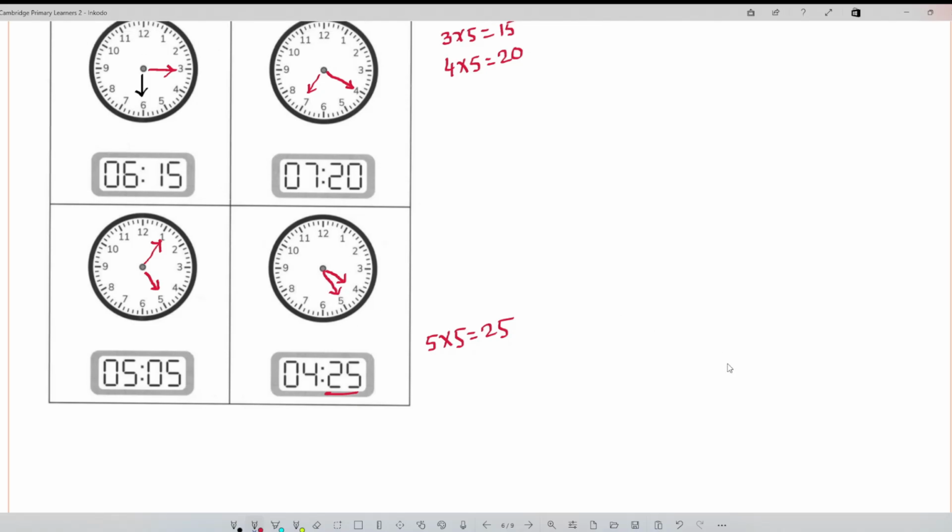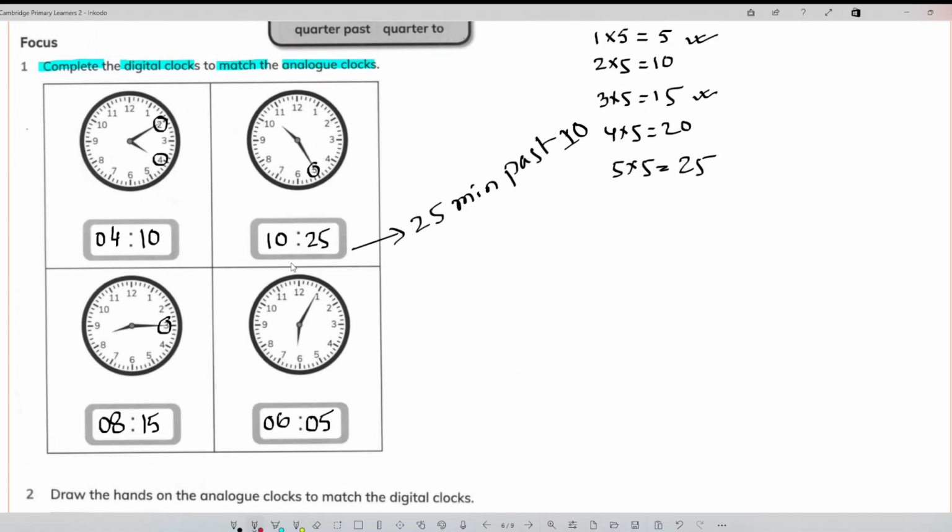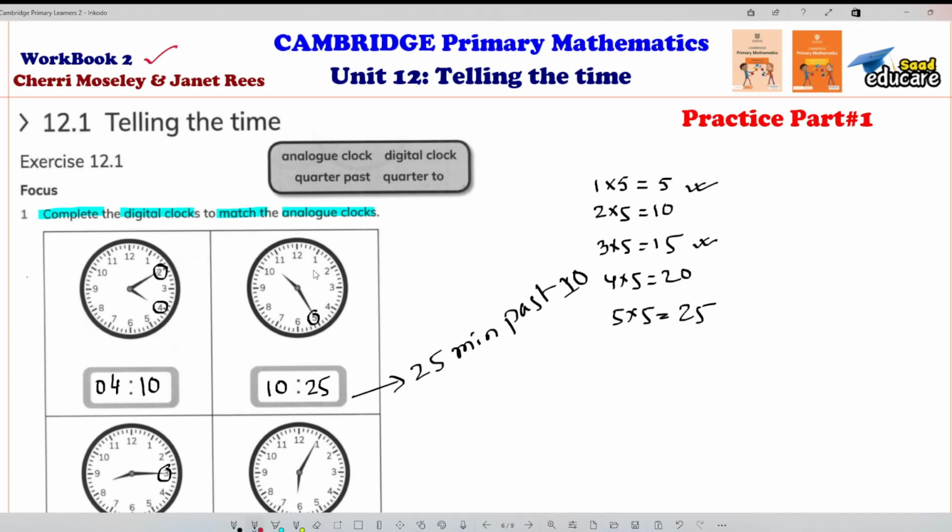Okay, so done. Very easy. Questions 1 and 2 done, and we are following Cambridge Primary Mathematics WorkBook 2. Today we are trying to solve several types of math based on telling the time.